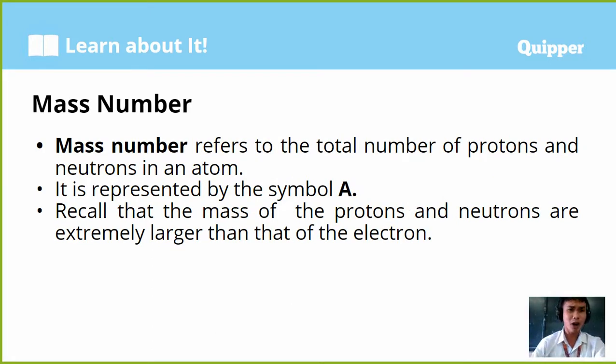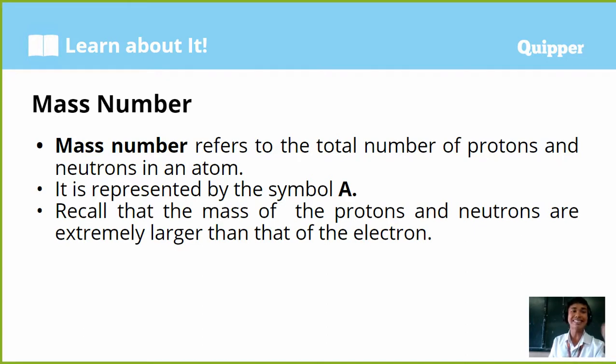So let's talk about mass number. Don't be confused with the different terms. When we speak of mass number, you are pertaining to the mass of an atom. Mass number pertains to the number of protons and neutrons in the nucleus of an atom.